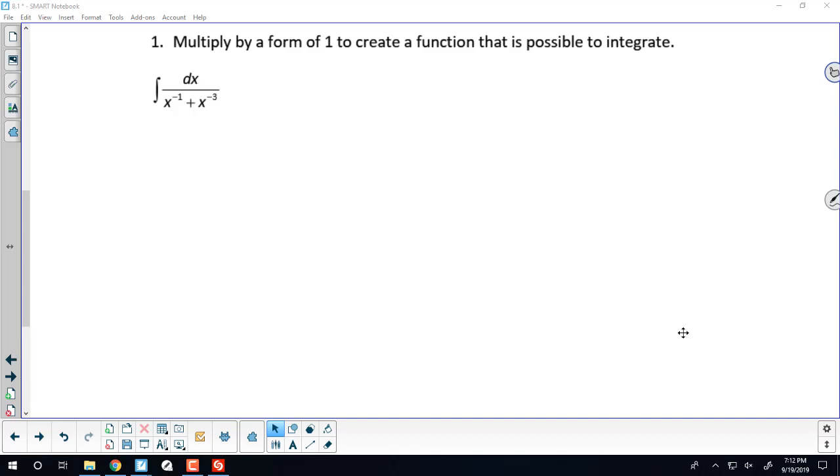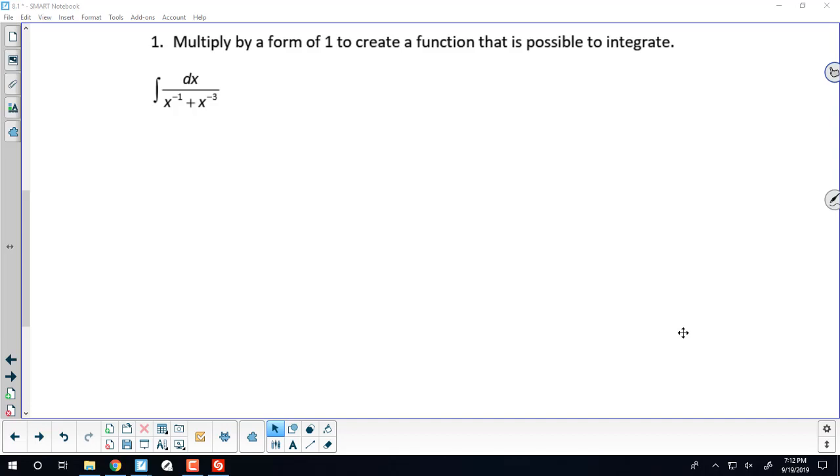Did he just cube the whole thing, or did he multiply by X? He multiplied by X to the negative 3, or no, he multiplied by X to the lowest power. Yeah, that makes sense. Because watch, when he does that, then you get X squared plus 1.